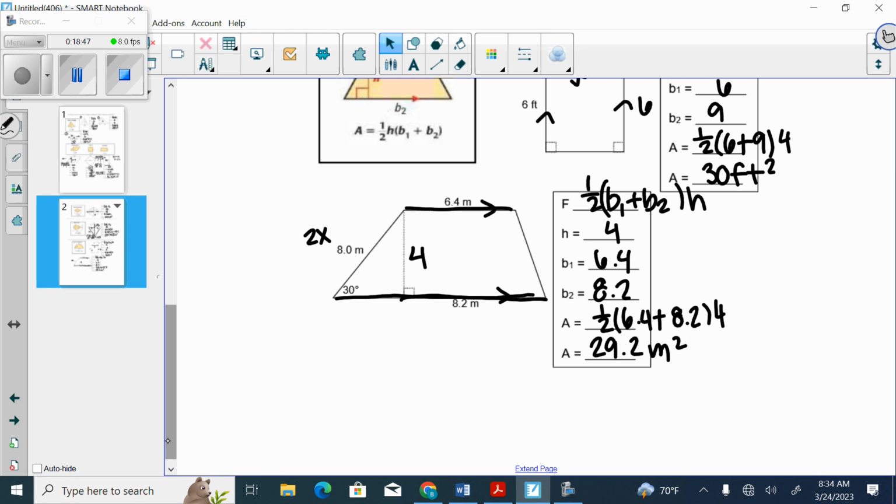Okay, so that would make this portion here 4 square root of 3, right? So then this base could have been 8.2 plus 4 square root of 3. So then in this spot right here, this is what we would have plugged in, and we would have solved similarly to above.